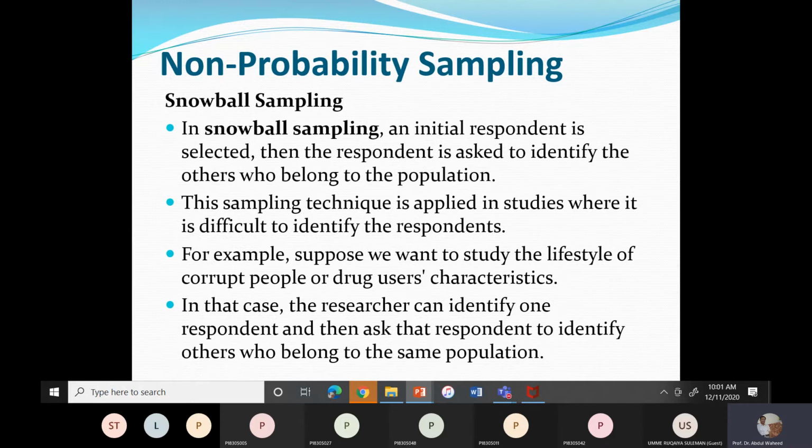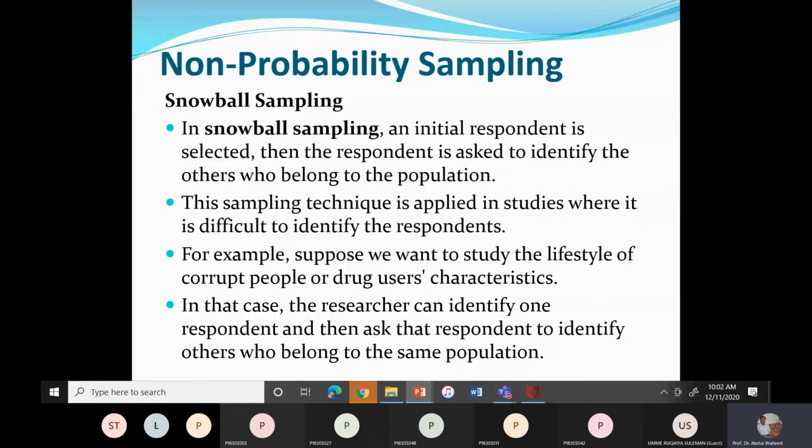The important thing is, first of all, we have to identify the most relevant respondent for our sample from the population, and then with the help of that initial respondent, we get information about other sample units, and we get the responses of other sample units.